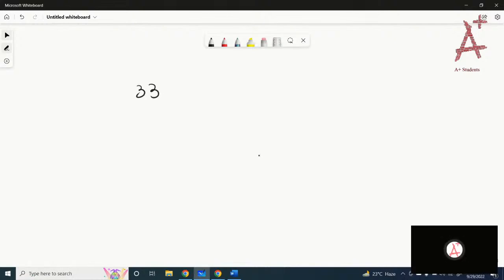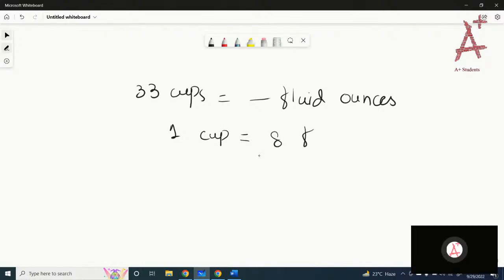So you have to convert from cups to fluid ounces. So in 1 cup we have 8 fluid ounces.